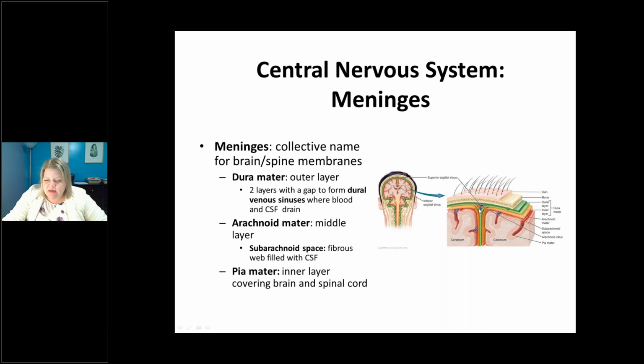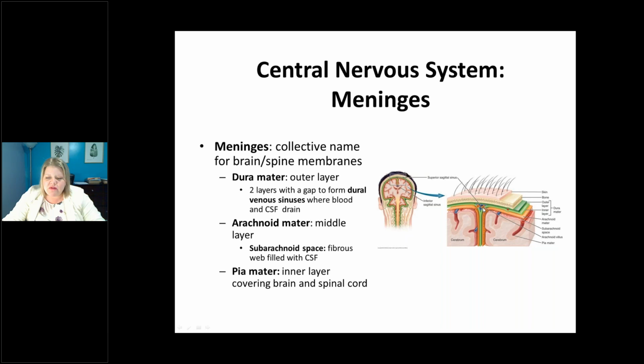But then you also have an interesting structure called the arachnoid villi and the superior sagittal sinus. And this is where the cerebrospinal fluid is actually reabsorbed back into the bloodstream, which becomes very important. We're going to talk about it a little bit later when we are discussing the circulation of cerebrospinal fluid.